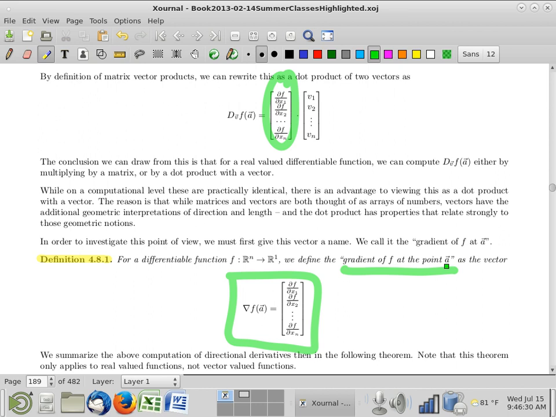It's morally the same as the Jacobian matrix, just not thought of as a matrix, thought of instead as a geometric vector. Okay, so that's the term gradient. We're going to make some nice conclusions about how to think geometrically of the gradient over this section.